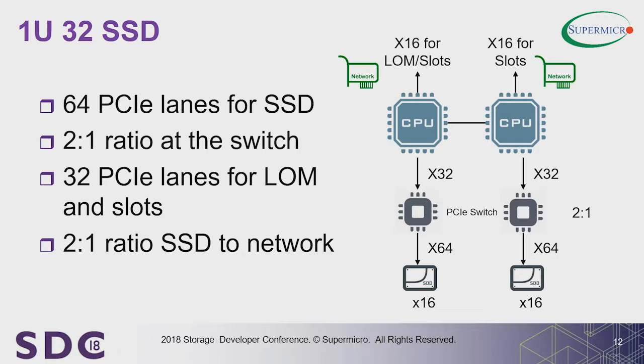So 2-to-1 there, and now our drives, though, are 2-to-1 on the network, too, because now we've got a x16 here, a x32 here, so now we just flipped it the other way. Instead of 1 to 2, we just became 2 to 1. So now my drives have more bandwidth than my network. So we just flip the equation on the architecture.